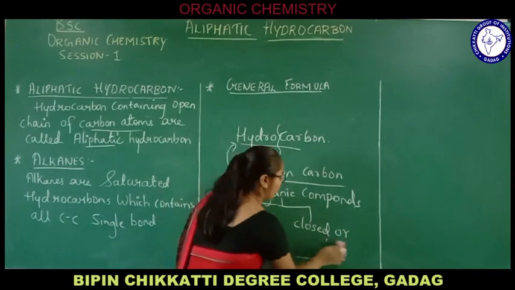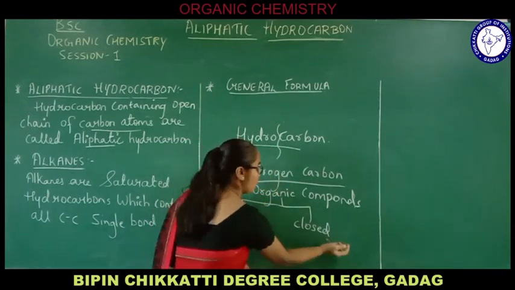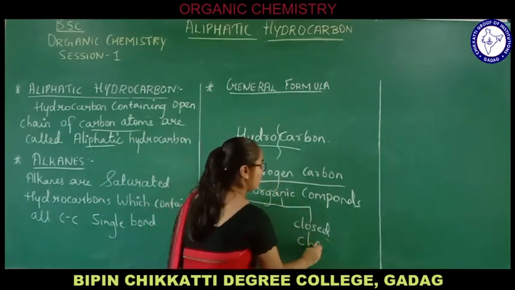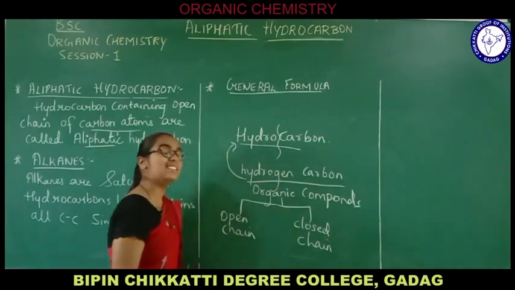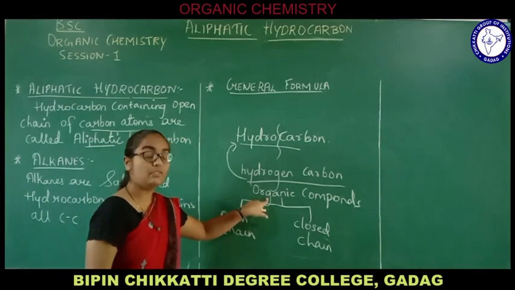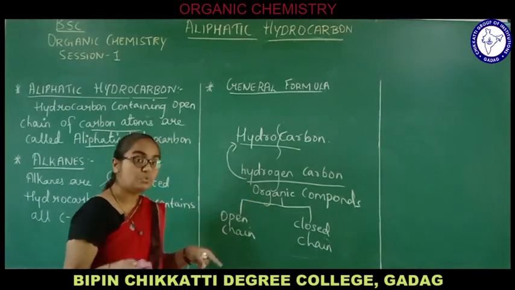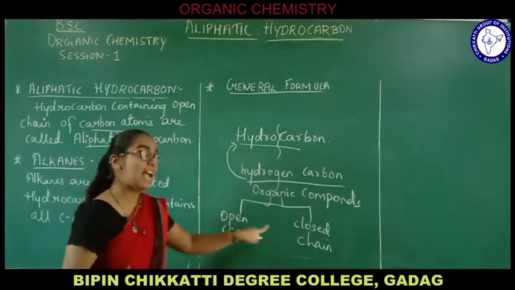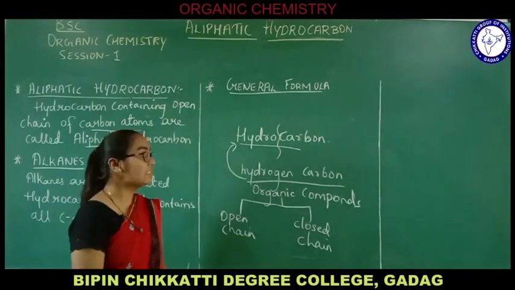Closed chain compound is also called cyclic compound. So what is organic compound made up of? Organic compound consists of two types, open chain compound and closed chain compound or cyclic compound.